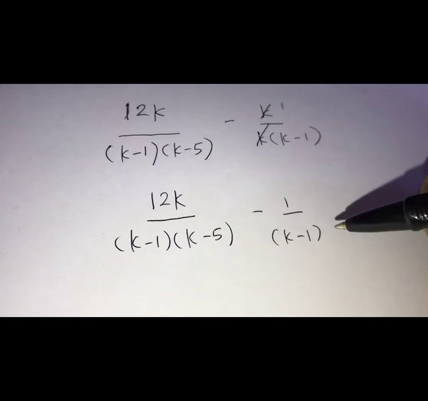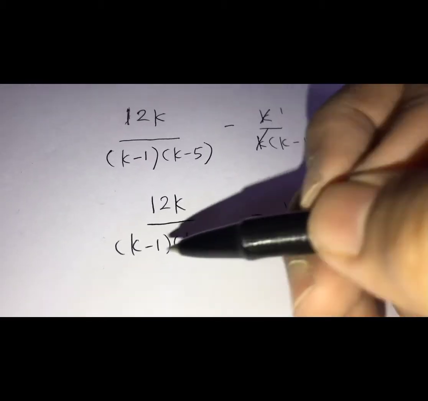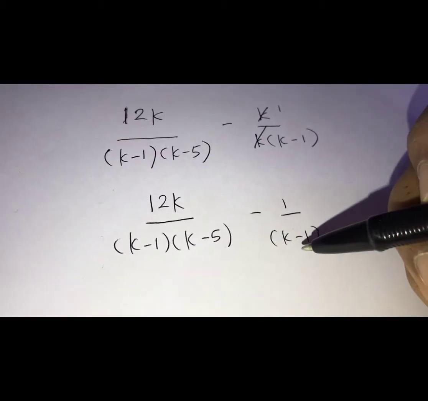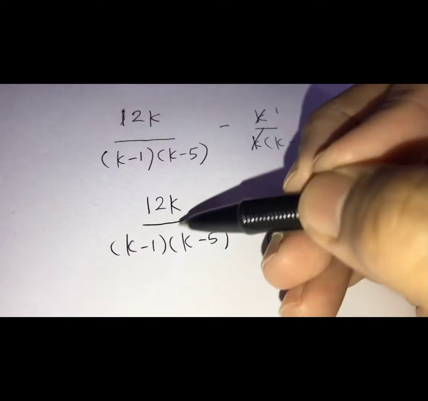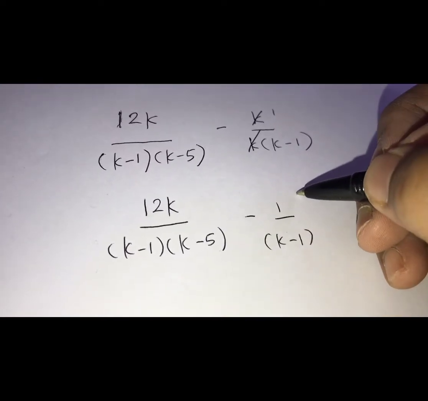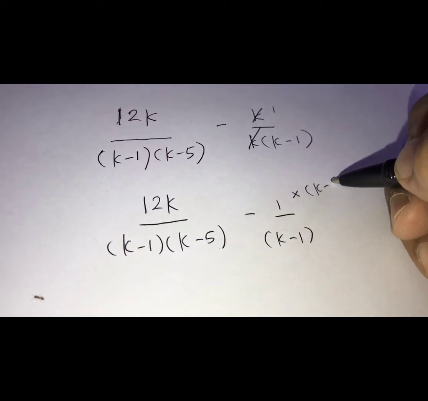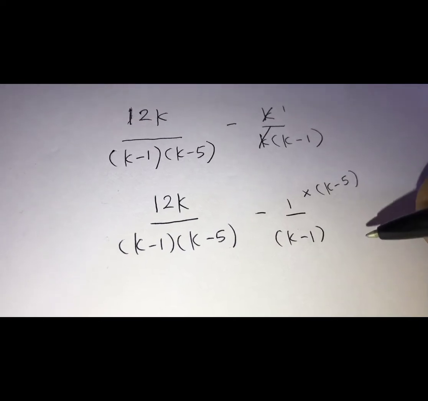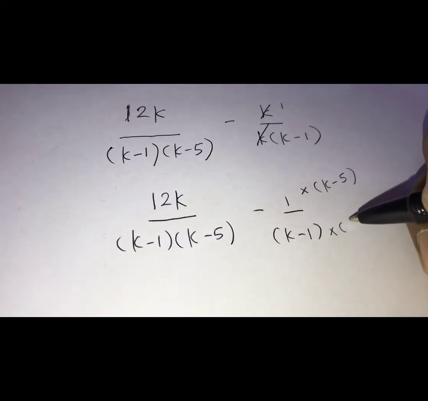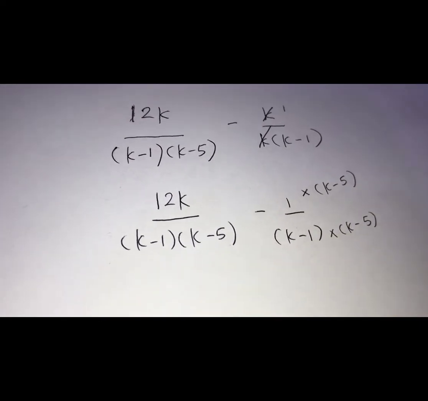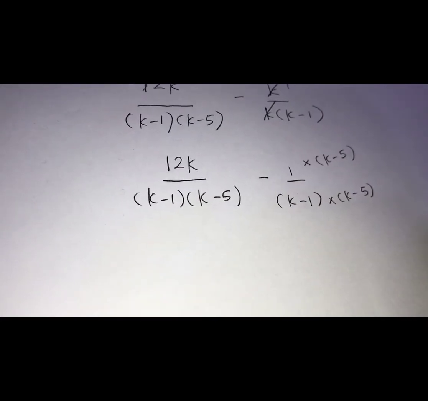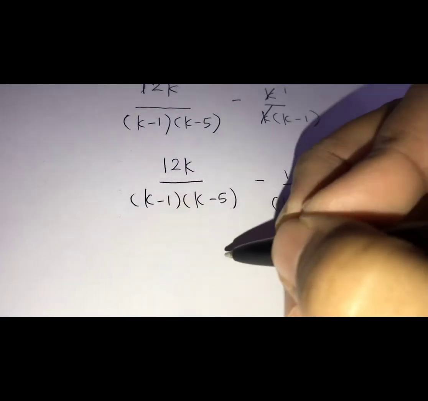You must change the denominator, make it the same like this. So here you have k minus 5, so here you have to multiply k minus 5. You also multiply k minus 5.